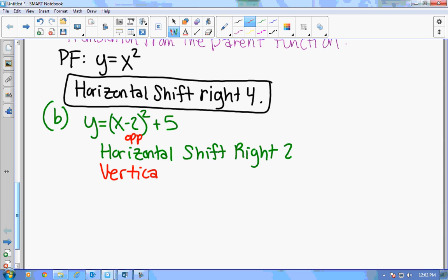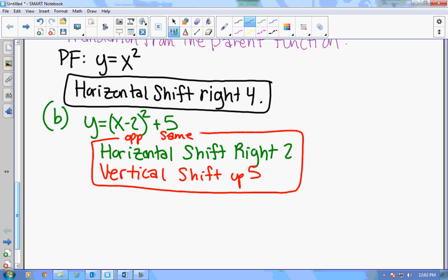Vertical shift up 5. Thumbs up or thumbs down? Is it good, or do we need to fix something? I think it's good. Good job, because this one's same. And when we're talking vertically, your only options are up and down. Okay? So those are the descriptions of the translations.